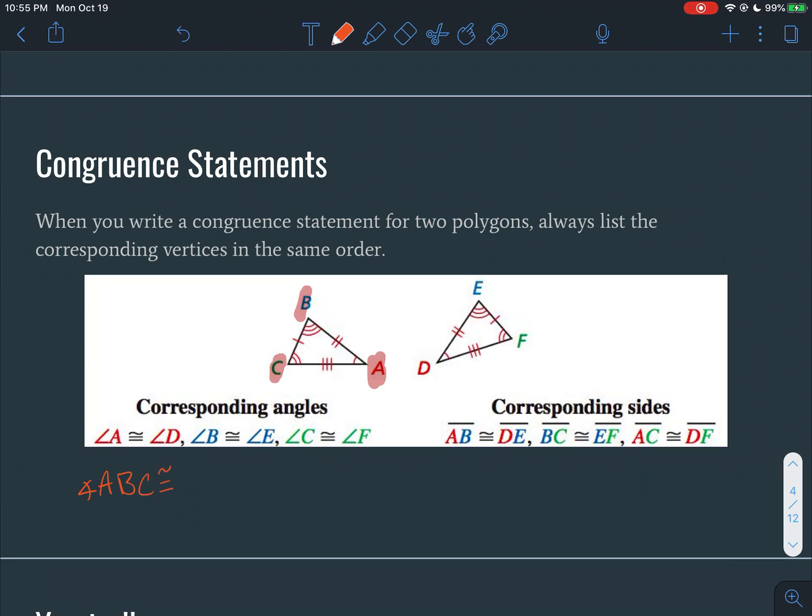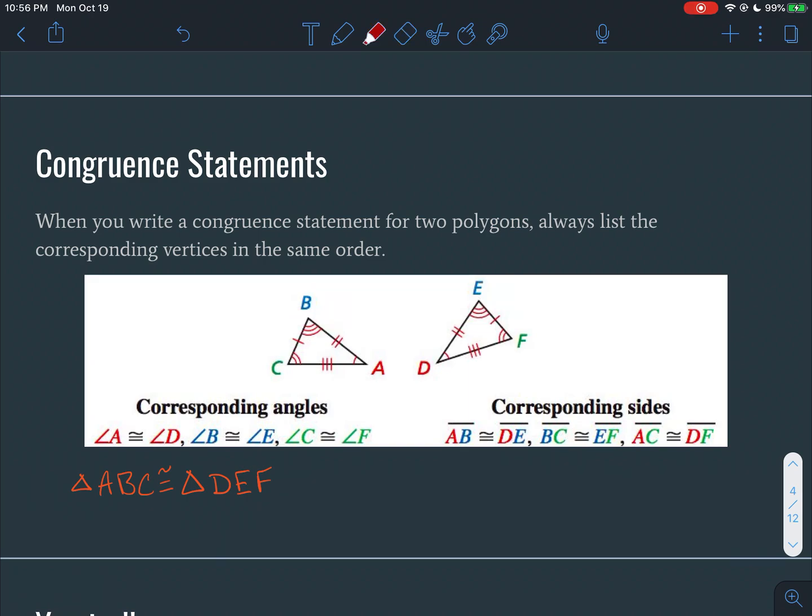Once I have named that first triangle, I have to list my second triangle in the same order, since A goes with D, B goes with E, and C goes with F. That would be triangle DEF.